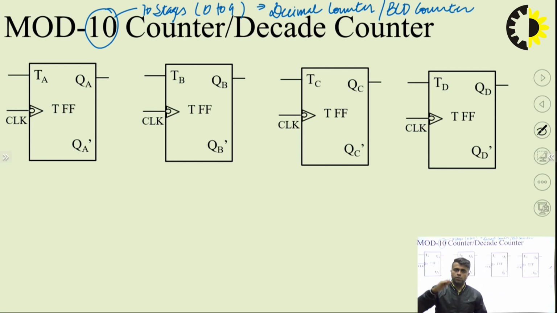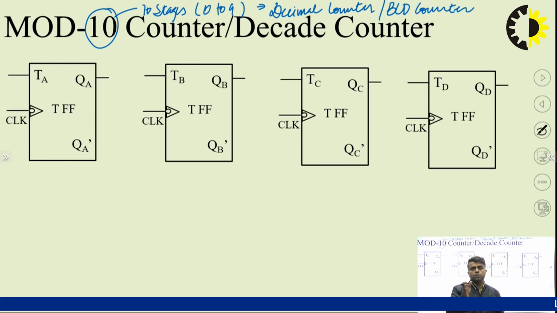That means full scale counting from 0 to 7 is happening. But if I have to truncate the counting, that means I am stopping somewhere in the middle of the complete range. If 4 flip-flops are connected and I make the normal connections, it will start from 0, 0, 0, 0 and go till 1, 1, 1, 1. That means it will count from 0 to 15.